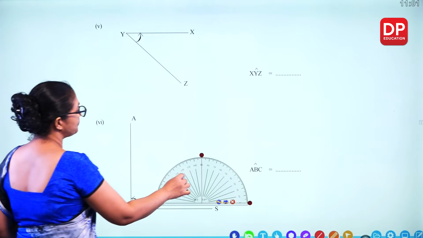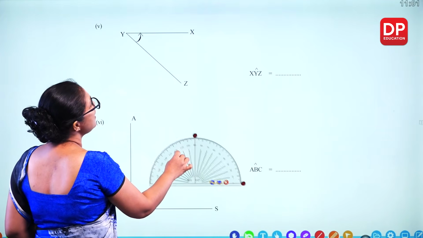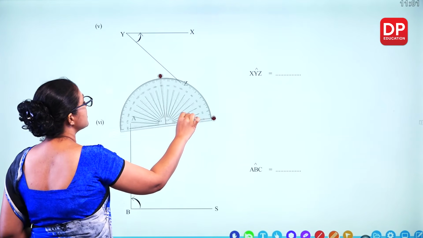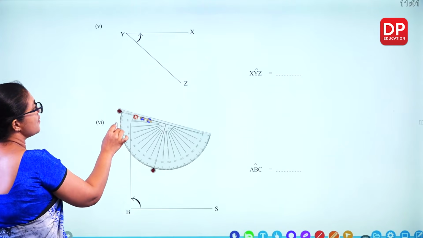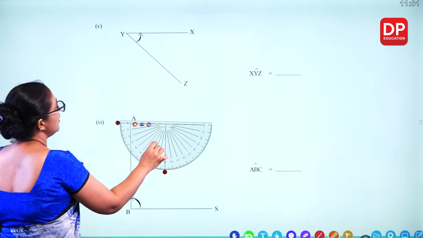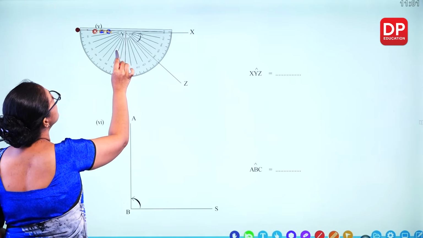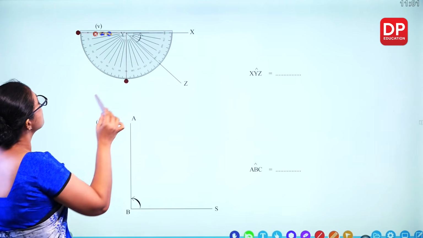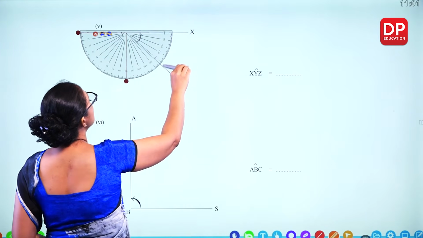This one. You need X, Y, Z angle. So I can rotate this other way around and keep it here. So what's the angle? You need to measure here to here.